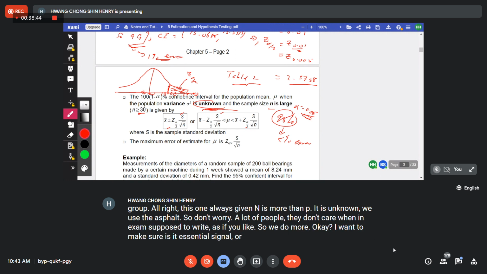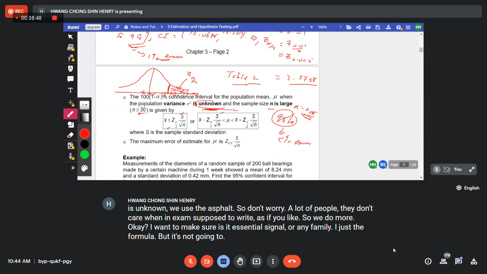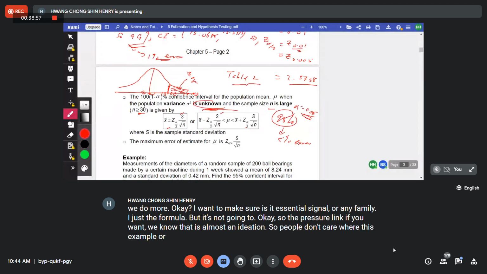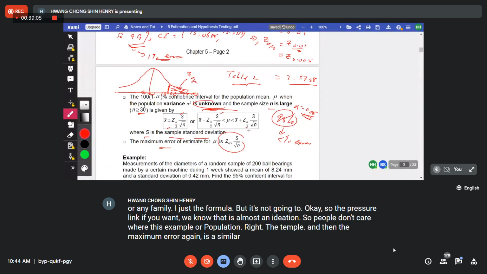So just write the formula, because the question only gives you one known value, the standard deviation. People don't care whether it's a sample or population. And the maximum error is again the same as this one.